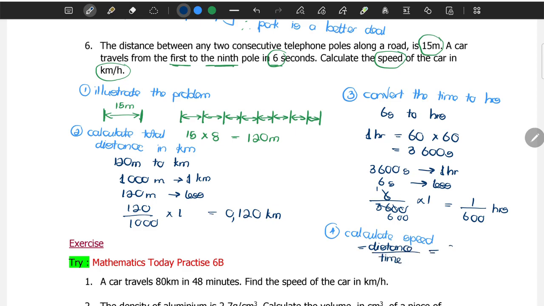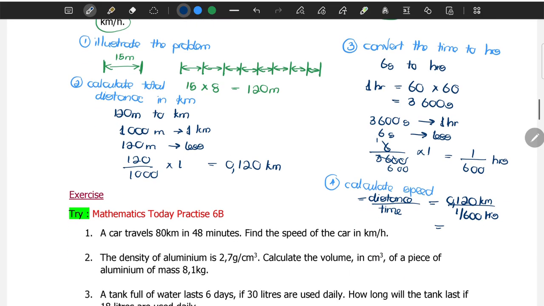And our distance is 0.12 kilometers over 1 over 600 hours. And when we compute that, we get 72 kilometers an hour. So after an hour, at this rate, the car would have covered a distance of 72 kilometers.